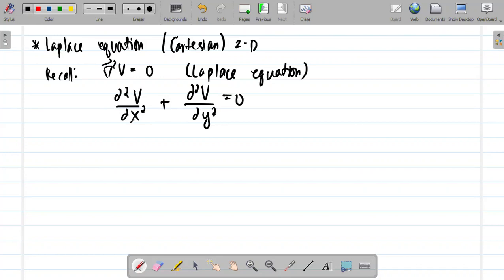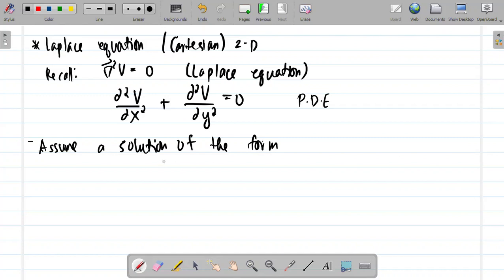So, now class, this is a partial differential equation. So, how do we solve this one? So, ang trick dyan class is, let's assume a solution of the form. So, meron tayong V of x, y.